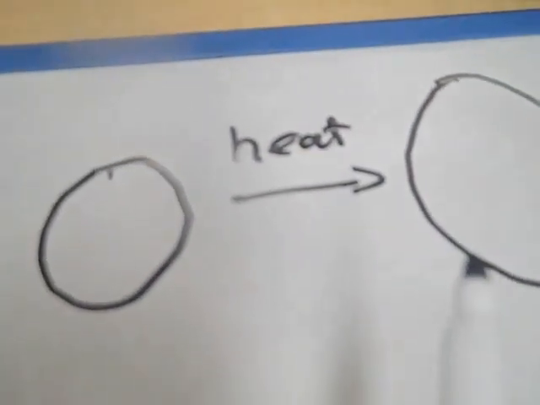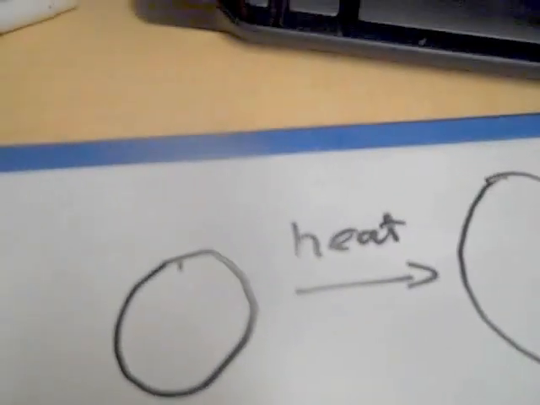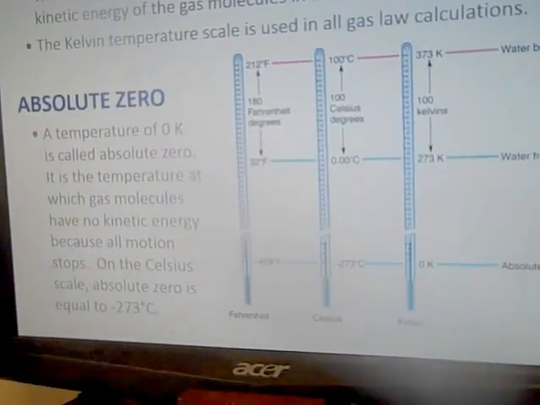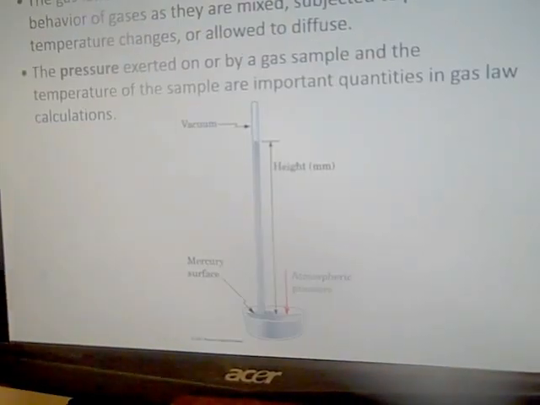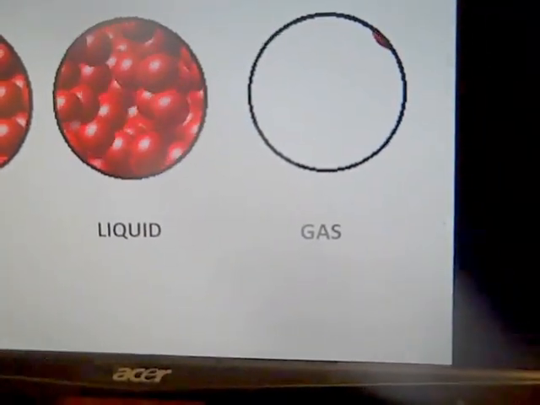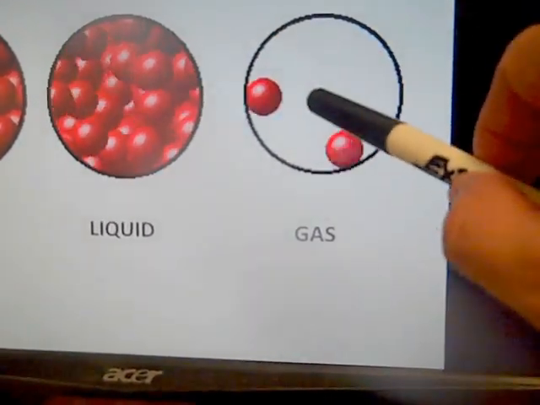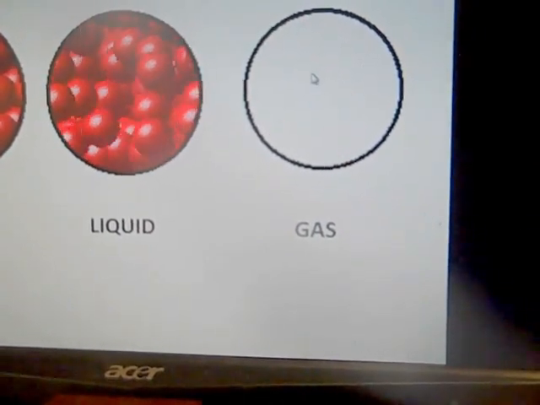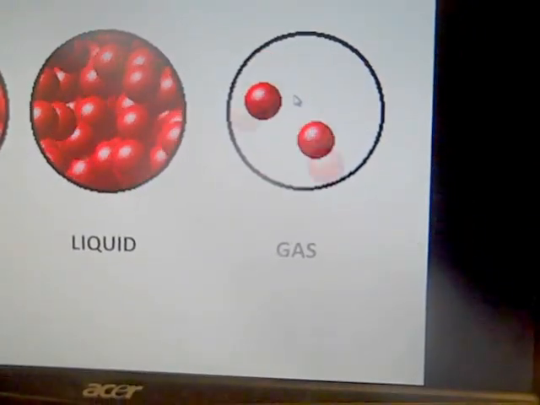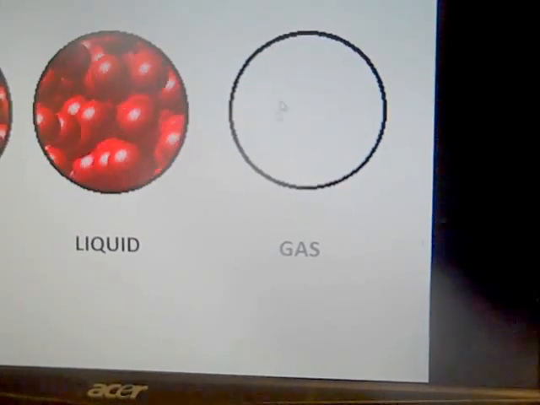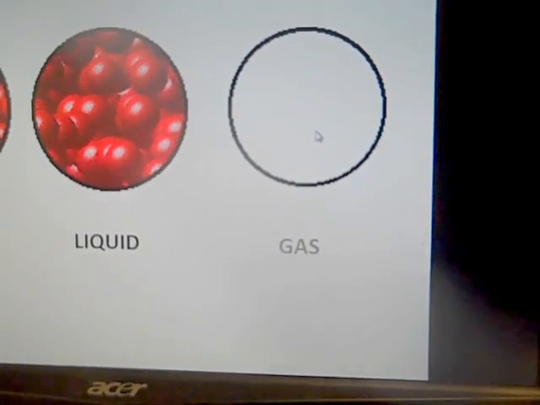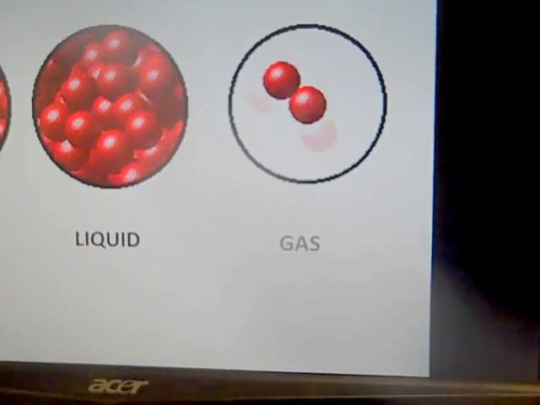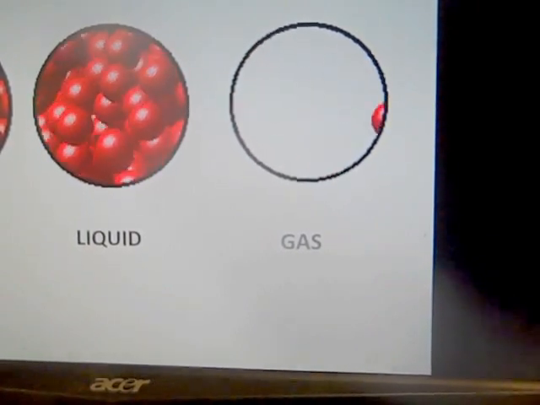So what's happening here is, if you think about the temperature as a molecular speedometer, when we heat up this gas, we're increasing the speed of the gas molecules, and as a result, we're increasing the force applied per unit area.